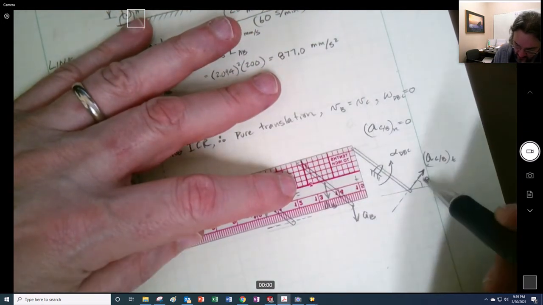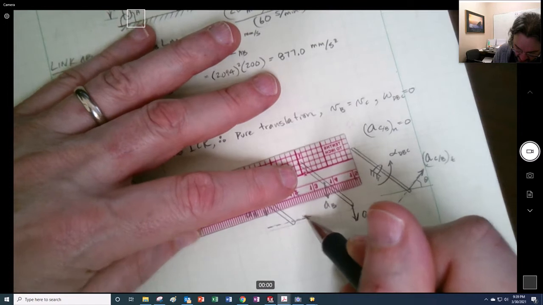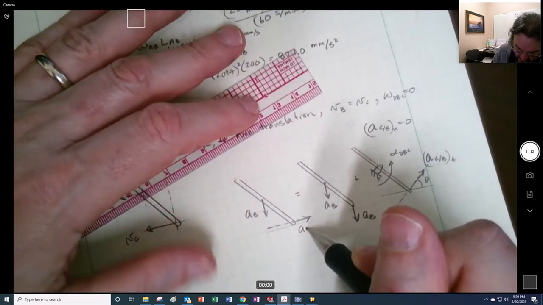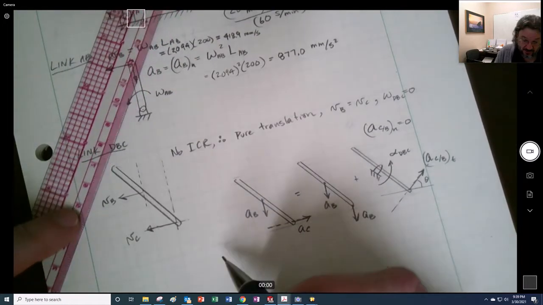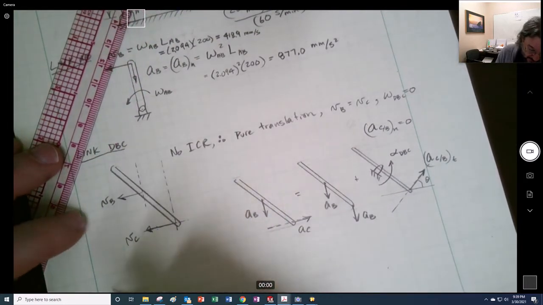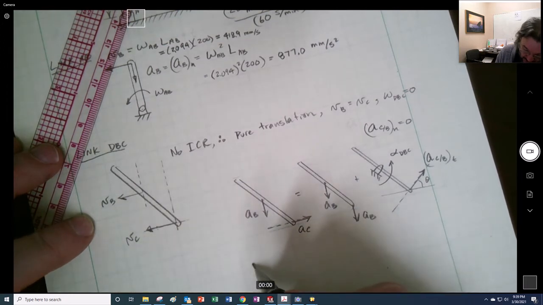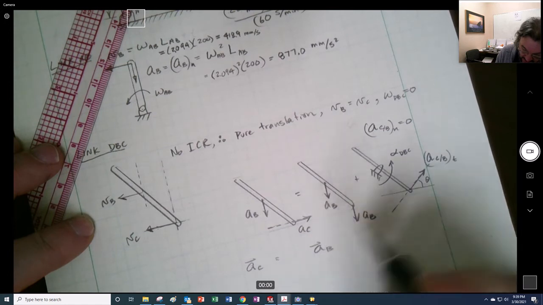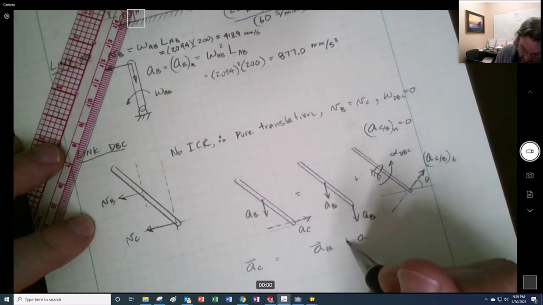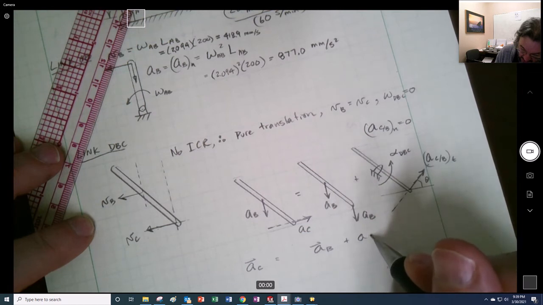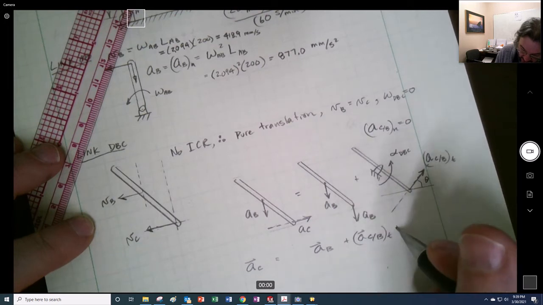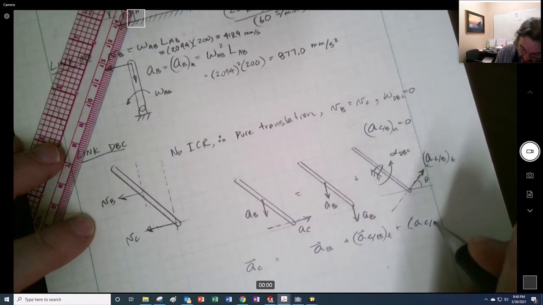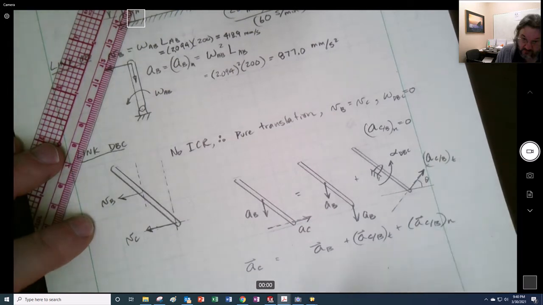And therefore, what we're going to find is we're actually going to have an acceleration of C that goes in that direction. Interesting. Okay, so we write out the acceleration of C is equal to the acceleration of B plus the acceleration of C with respect to B tangentially plus acceleration of C with respect to B in the normal direction.